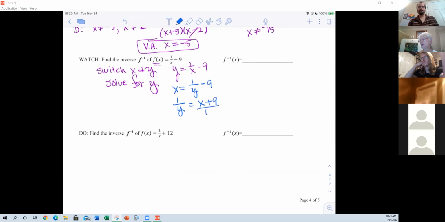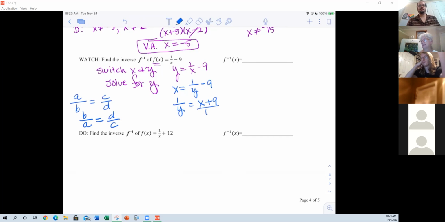Now you could do a cross product and solve for y, or, let's say you have a over b equals c over d, that is the same thing as saying that b over a equals d over c.